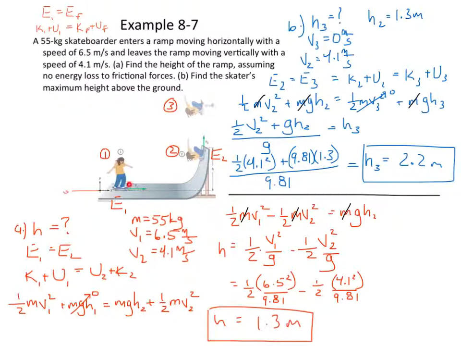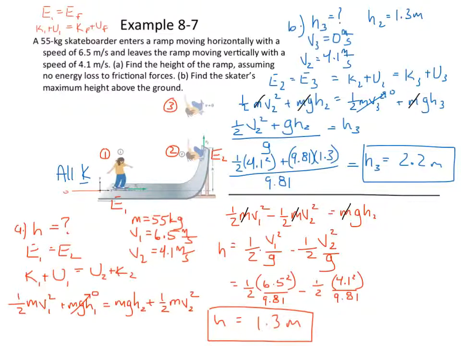So all the kinetic energy right here that they had becomes all potential energy. Oh, you know what I did? I sometimes call kinetic energy Ke. I'll just say all K right here.